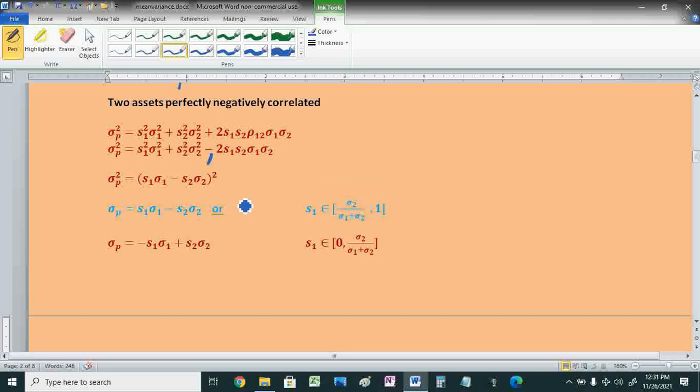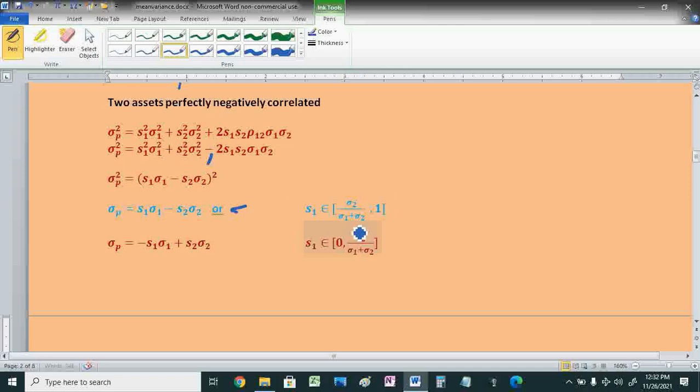You can plug into the first equation, for example, S2 equal to 1 minus S1, and solve for S1 after writing the condition that S1 sigma 1 minus S1 times sigma 2 is greater than or equal to 0. You can solve that for S1 and you will find that S1 has to be greater than sigma 2 divided by sigma 1 plus sigma 2 for this root to be positive.